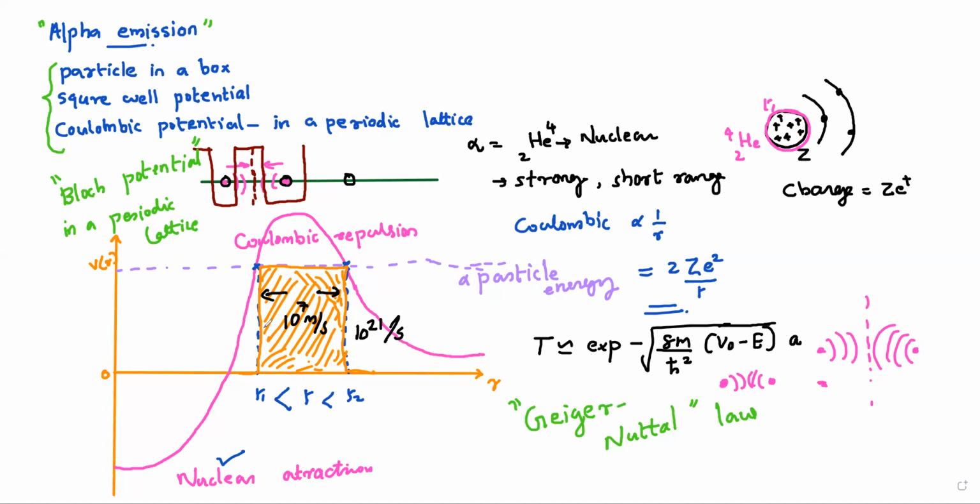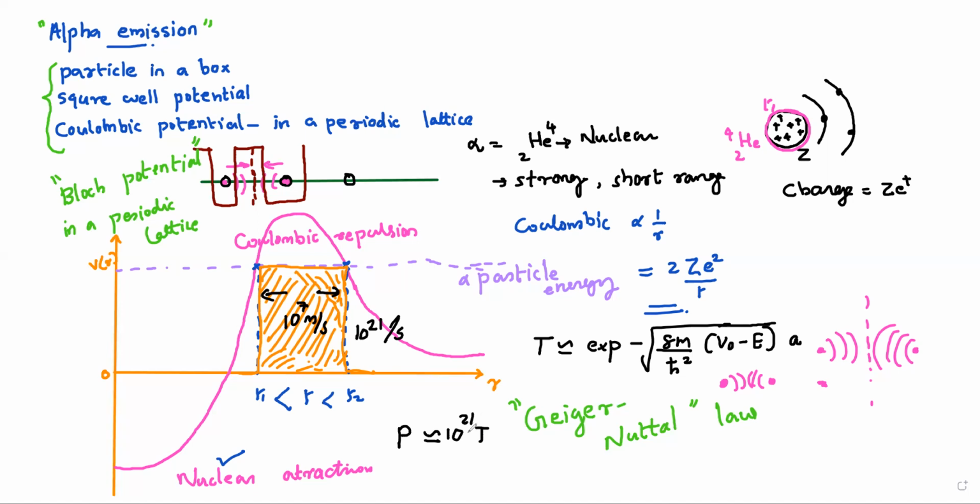So T is the transmission coefficient, and we can find the probability. Actually, I already said that the number of collisions is approximately 10 raised to 21 times. So we can write the probability P equal to 10 raised to 21 times the transmission coefficient.